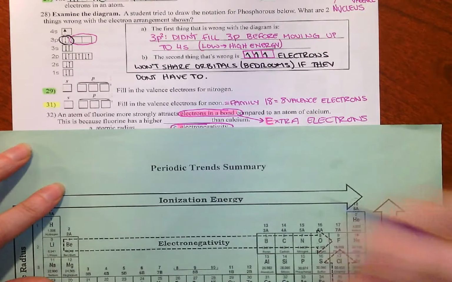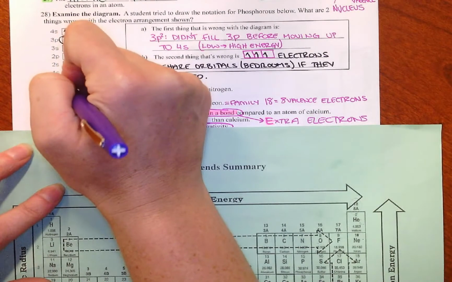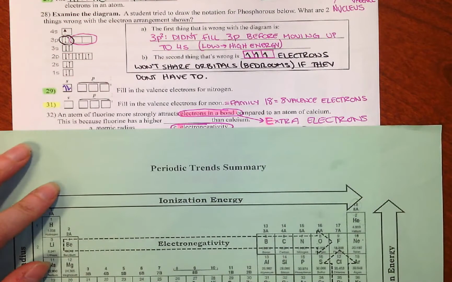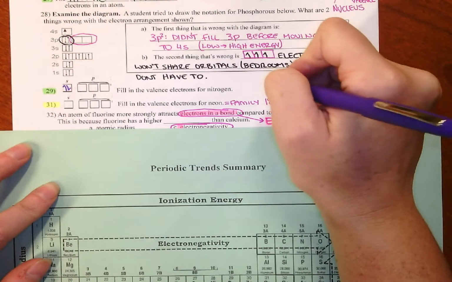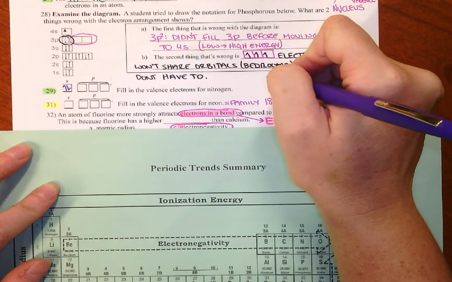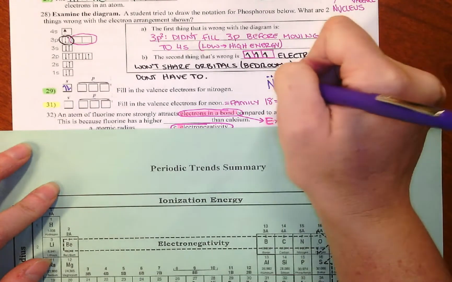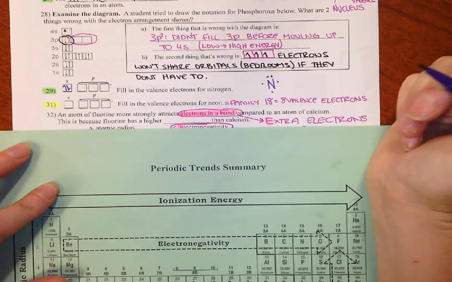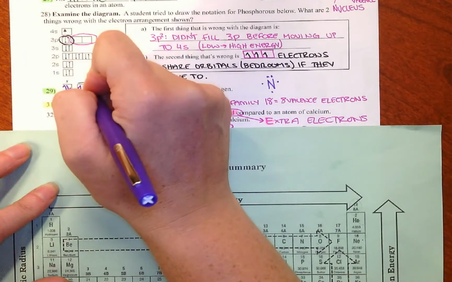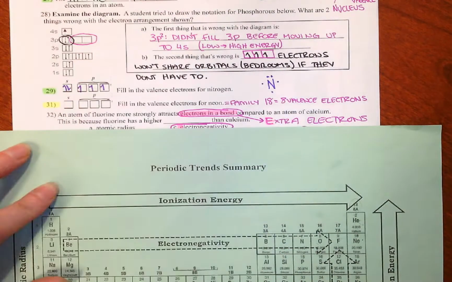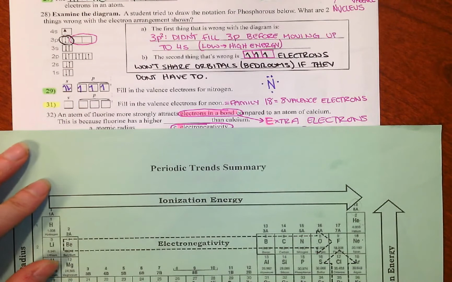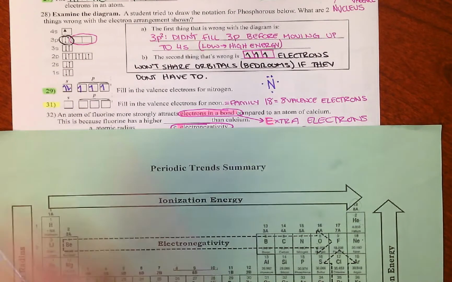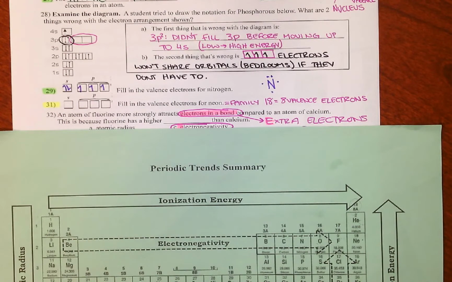So the first 2 dots go together, up and down, in that first orbital. Just like if we were drawing nitrogen's Lewis dot structure, we'd say the first 2 dots go together, and then 3, 4, 5 by themselves. So up, up, up, 3, 4, 5 by themselves. Because Hund's rule says they want to spread out into their own orbitals.